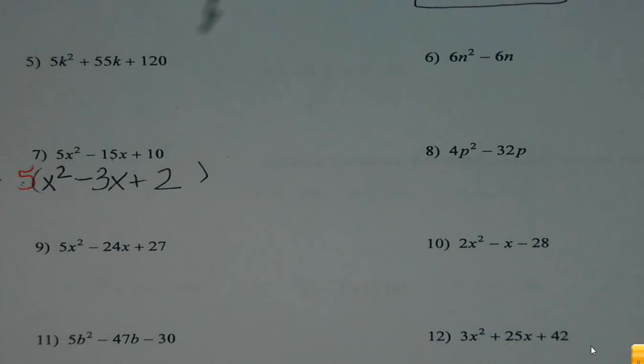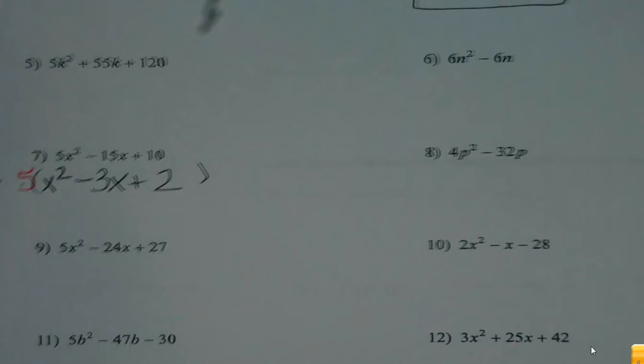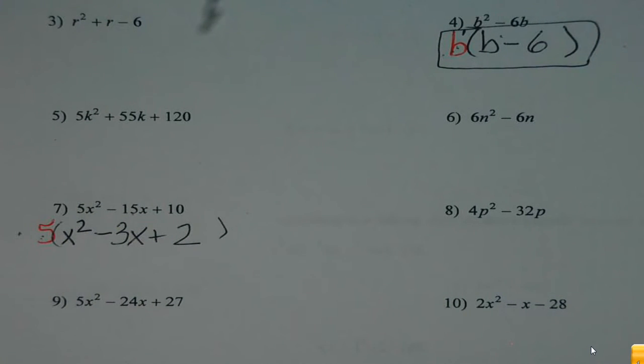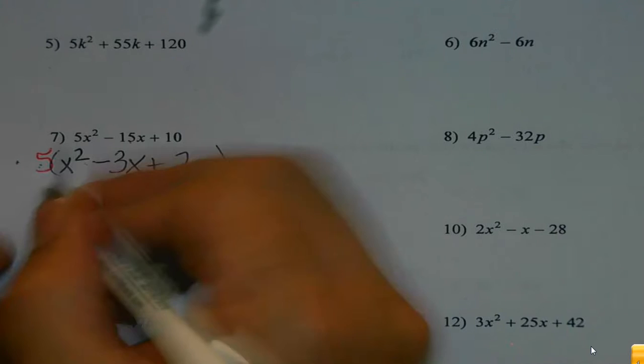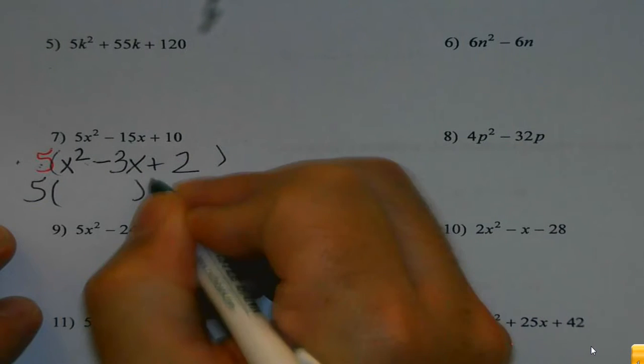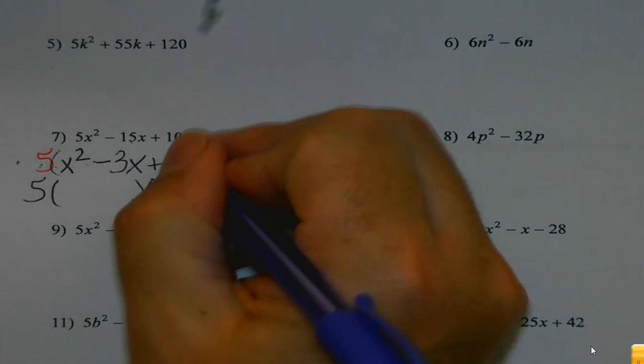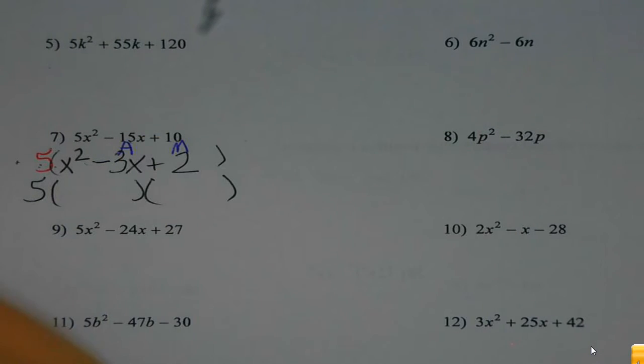Now, this one, though, is a little bit different than number 4 was a minute ago. This one didn't have a squared. This one does. This one, we at least have to try to factor it before we get too far. So, let's see. No number in front of the x squared. So, it's a multiply and add.